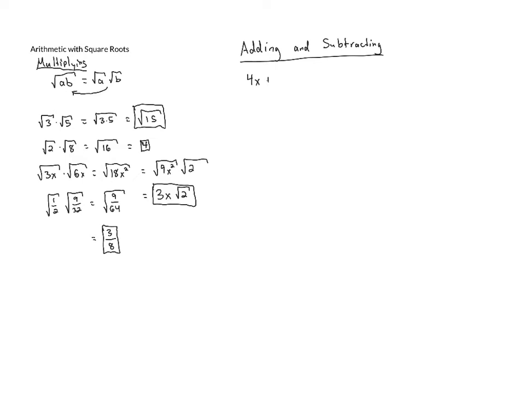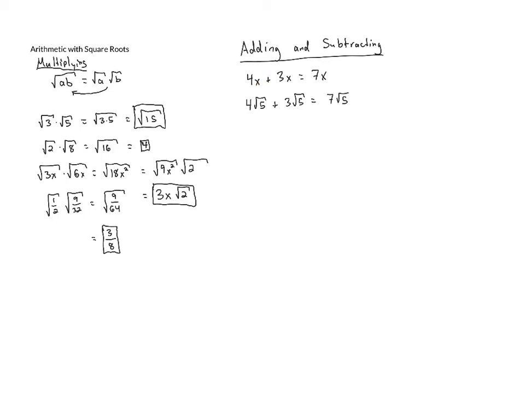If we had 4x plus 3x, we knew we could add those together to get 7x because we had like terms. The variable parts were the same. And it works similarly when we're dealing with radicals. If we have 4 root 5 plus 3 root 5, because each of these has the same radical part, we can combine them by adding the numbers out front, and we end up with 7 root 5.